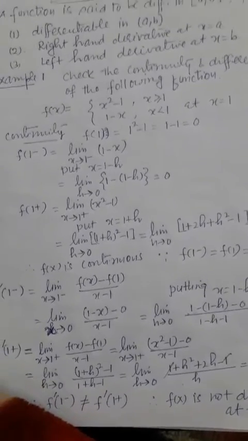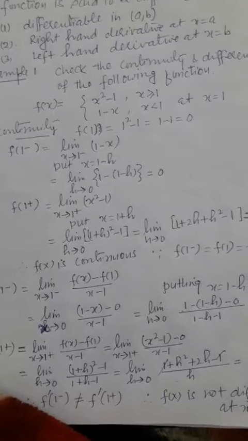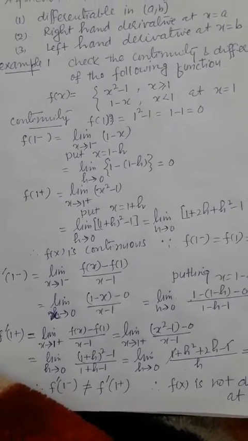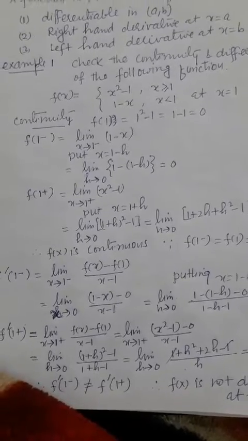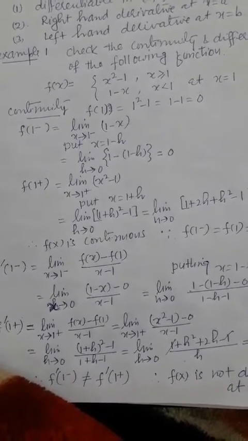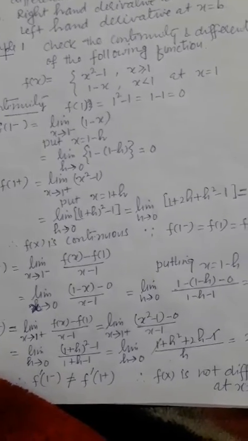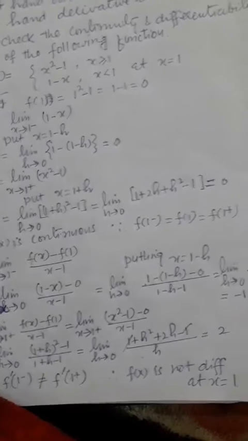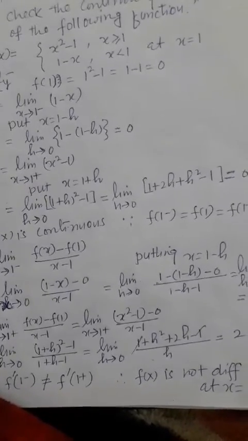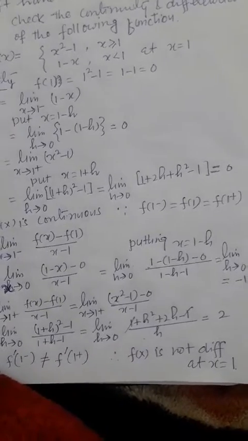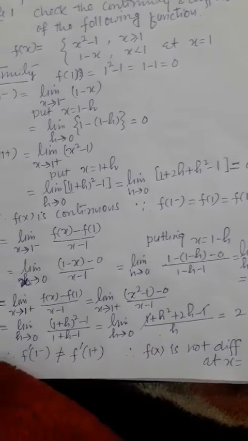Similarly, we can find the right hand limit at 1. So the limit of x square minus 1 as x tends to 1 plus. Put down x equal to 1 plus h and solve, put h tends to 0, then we find 0 here also.